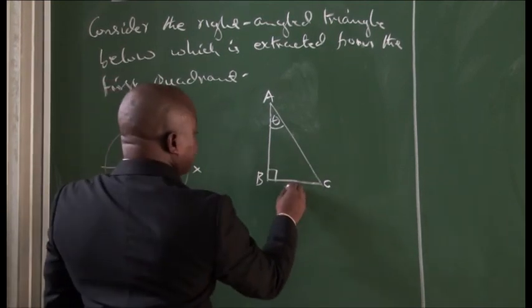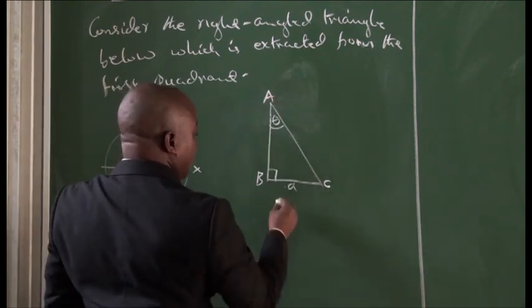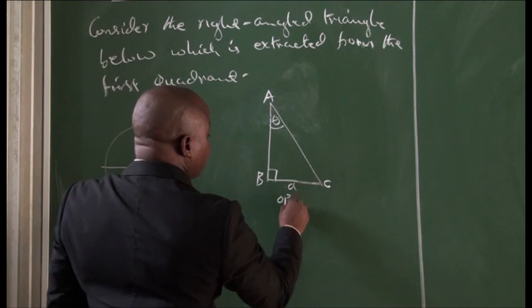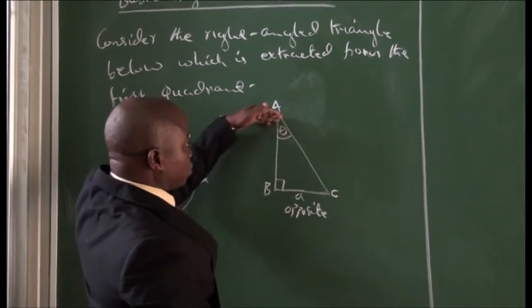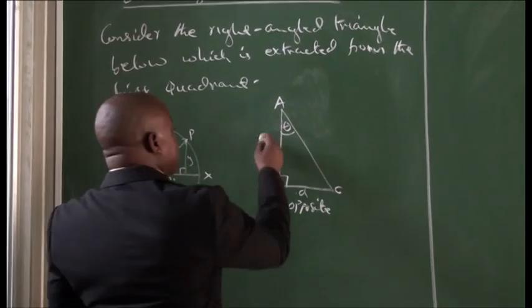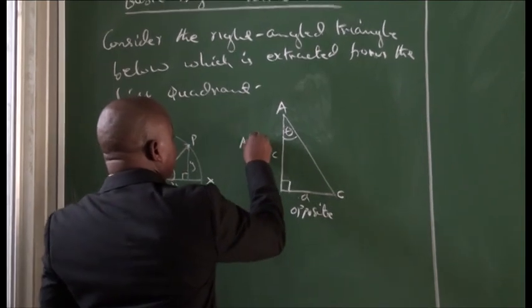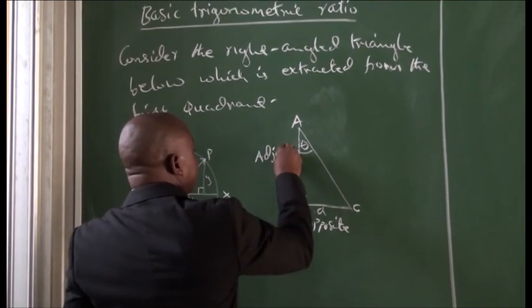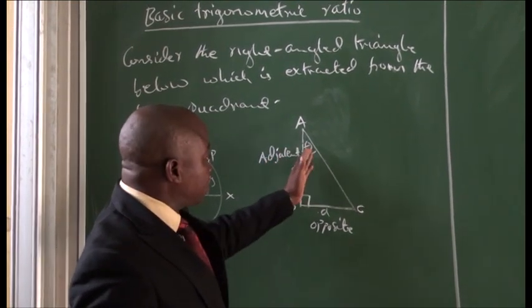This side is A, facing angle A, and we call it opposite. Opposite to theta, because this is theta. This side is C. Of course, C is adjacent to theta.